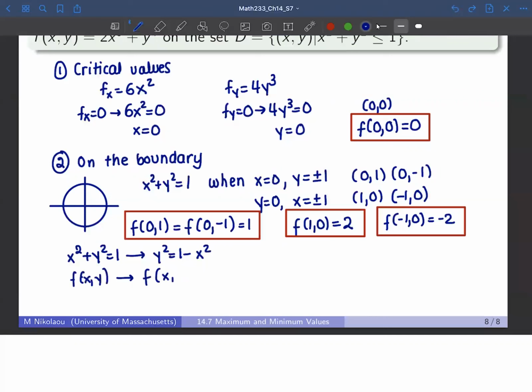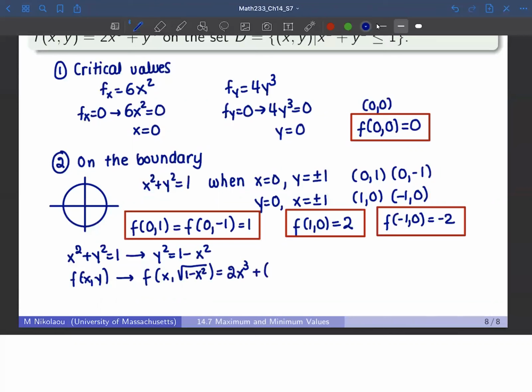the function f of x, square root of 1 minus x squared, would be equal to 2x to the third plus y to the fourth.